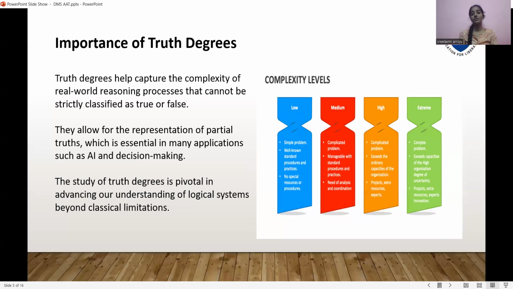High: complicated problem, needs extra capacities of the organization, extra resources, experts. Extreme: complex problem, exceeds capacities of the organization, high degree of uncertainty, extra resources, experts, innovation.